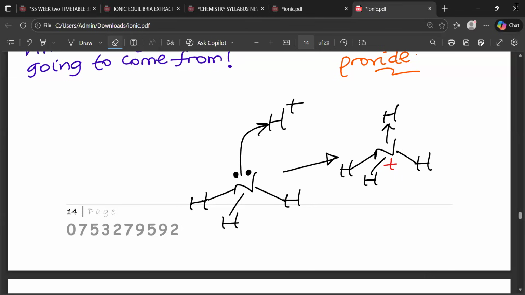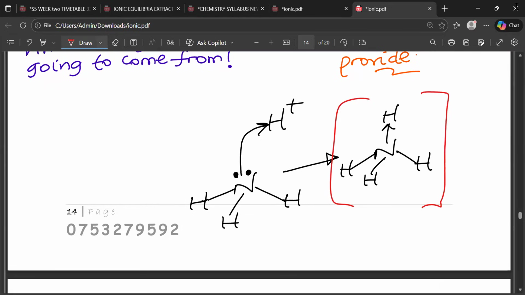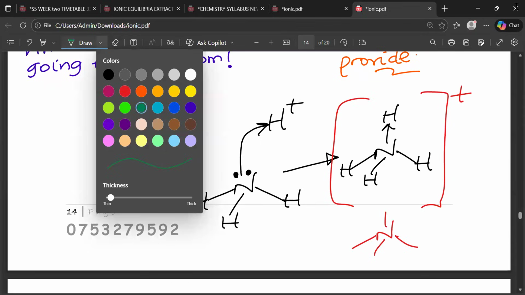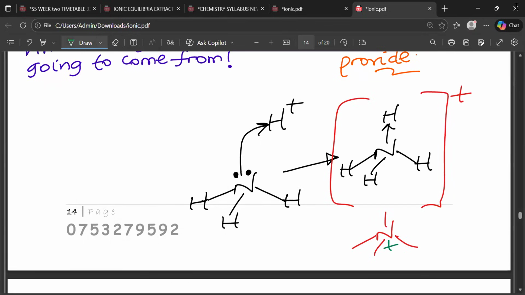Or they may just enclose it at once and put the charge overall. But even when you put that plus on N, it's no problem. That's why you find many people, if they don't do this structure, they will just do this and put it beside here.